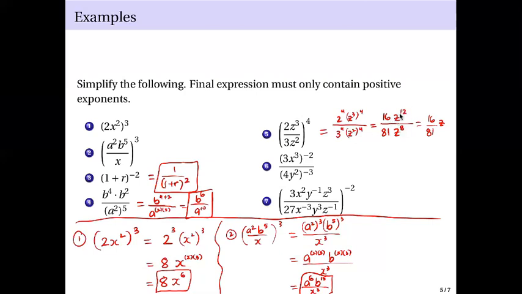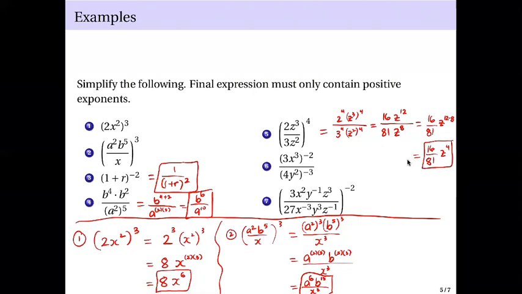But anyway, you will have here 12 minus 8. If you subtract that, you will end up getting 16 over 81 z raised to 4. So this is the final answer. Okay? That's one way to do it.